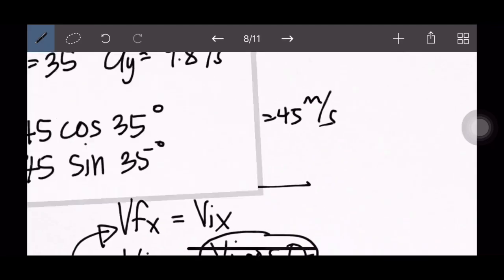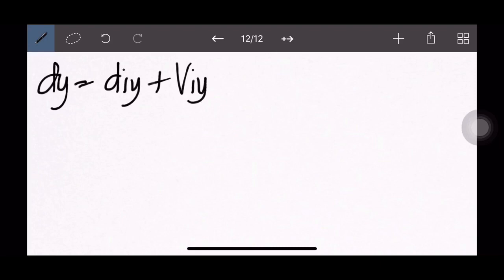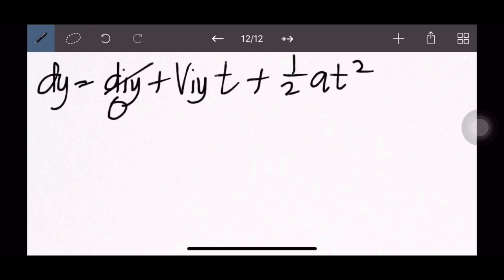Okay, right, now that one is solved. Check. So now let's go to dy and dx. So dy, from the formula, we have diy plus viy t plus 1/2 at squared. So since initially the position starts at 0, that's going to be 0. So we have here VIY.